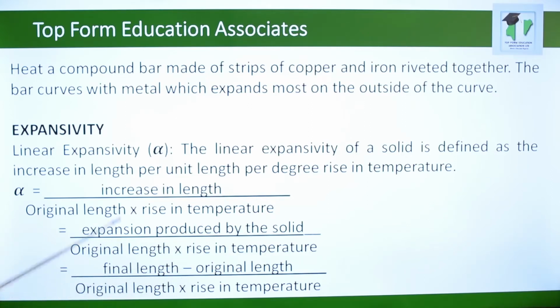Now, how do you get the expansion produced? It is gotten by the final length of that object, when you have added heat to it, minus the original length. That gives you the increase in length, or the expansion produced, over the original length of that metal times rise in what? Temperature.